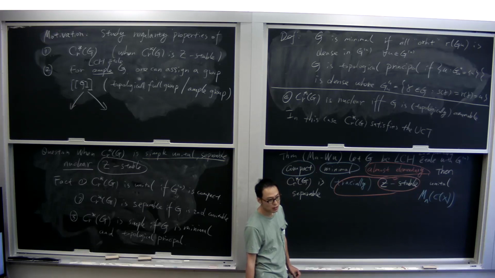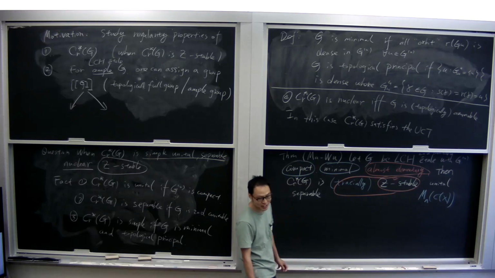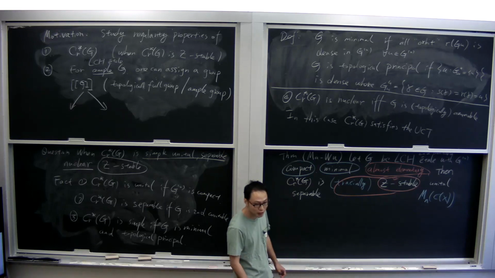Like here, this is often just called homogeneous. So maybe when you say almost elementary groupoid, a more familiar terminology would be homogeneous. Almost homogeneous, or just exactly homogeneous.